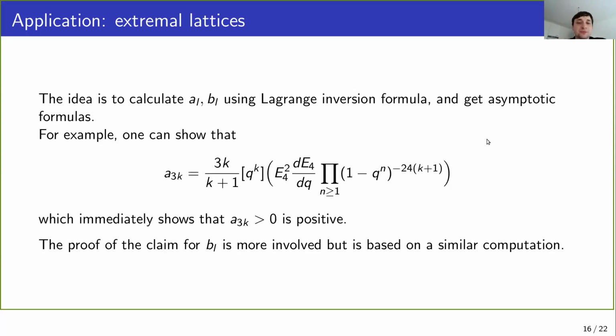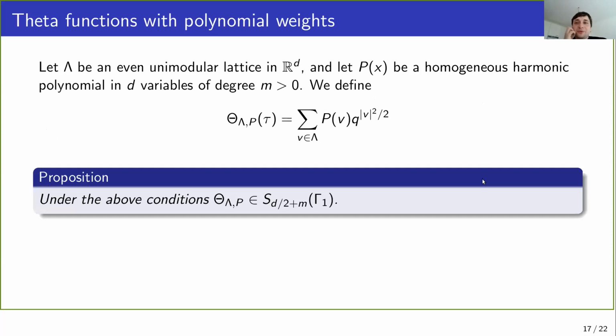So far we have only used a boring set of functions where we just sum up weight 1 for each vector in the lattice, but we can put some non-trivial weights. One simple generalization of the usual theta function is to put a weight which is a harmonic homogeneous polynomial in the variables.